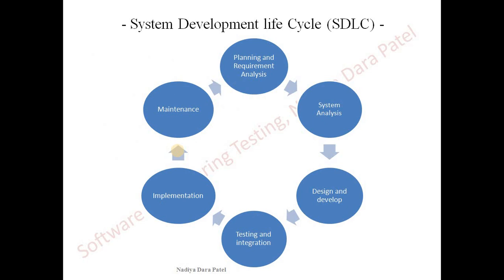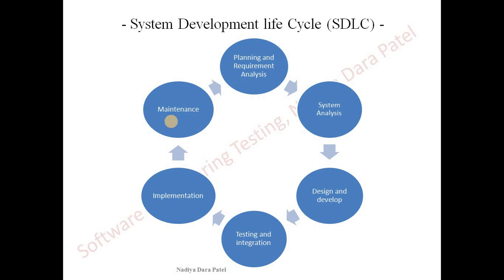So let's get started. We have already seen SDLC, which is the System Development Lifecycle. You have already gone through it maybe from process models. When you went through these phases, you might have seen a separate dedicated phase of testing and integration. It starts with planning and requirement analysis, then you have system analysis, the design and develop phase, then testing and integration, further implementation, and finally maintenance.